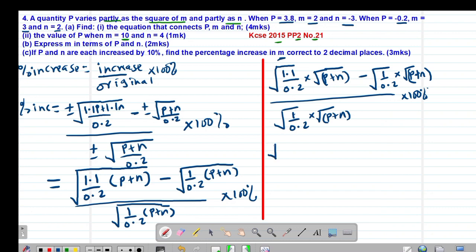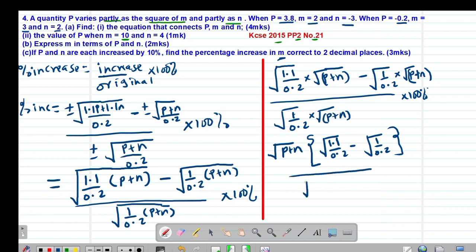So this is the same as saying the root of p plus n, because it is common on the numerator, into the root of 1.1 over 0.2 minus the root of 1 over 0.2. Then divided by the root of 1 over 0.2 multiplied by the root of p plus n, times 100%.